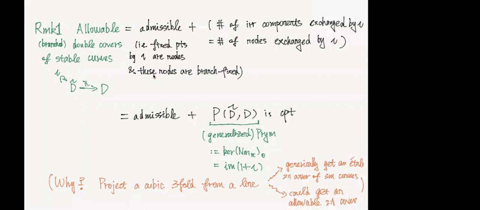Finally, let me say why we have to consider allowable double covers. That's because when we project the cubic threefold from a line, generically we get very nice stuff like double covers of smooth curves. But sometimes, if the line is not in a generic position, we could get double covers between stable curves.